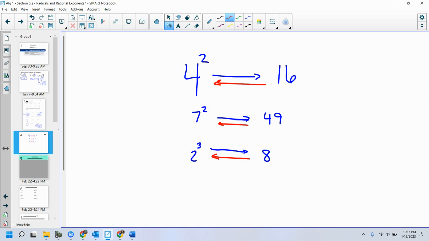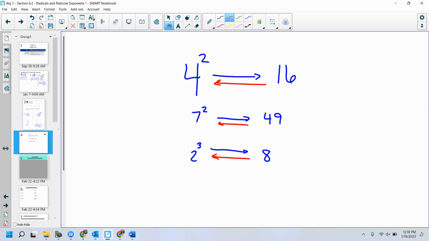Now, how is that possible? What you're doing here is looking for a number that multiplies by itself not twice, but 3 times, because that's the exponent. So what number multiplies by itself 3 times to get 8? Well, it's 2 times 2 times 2. So 2 is the cube root, or the third root, of 8.